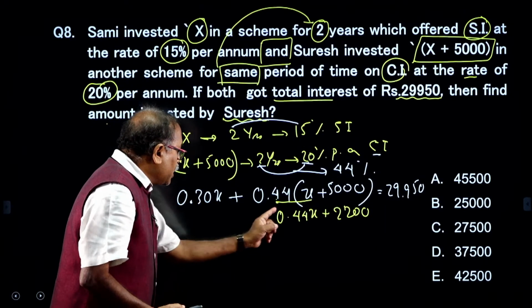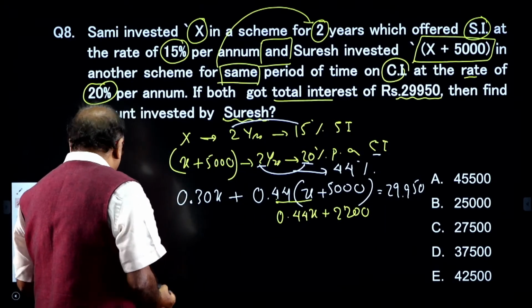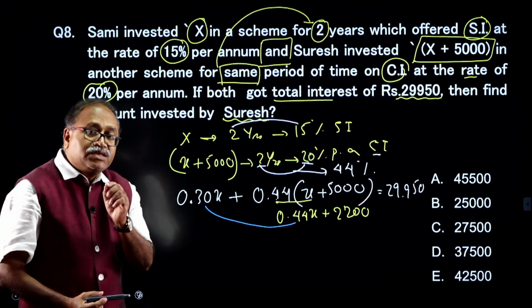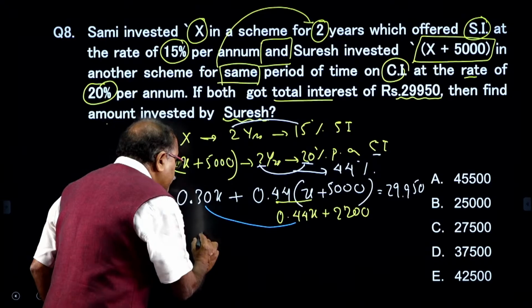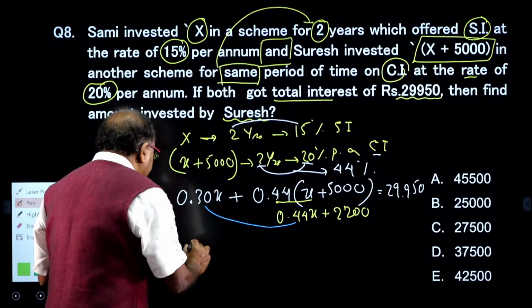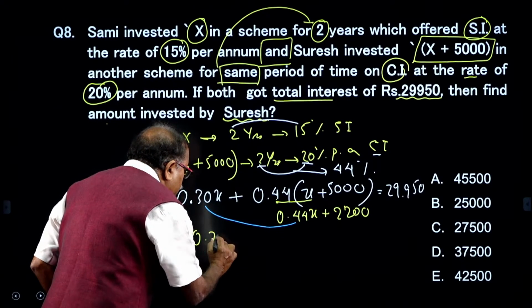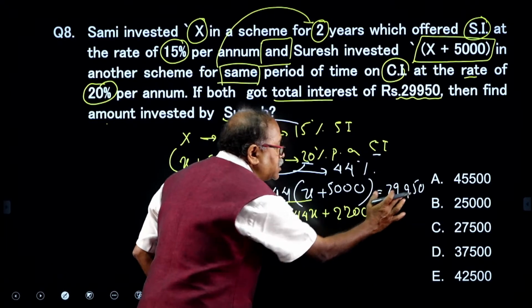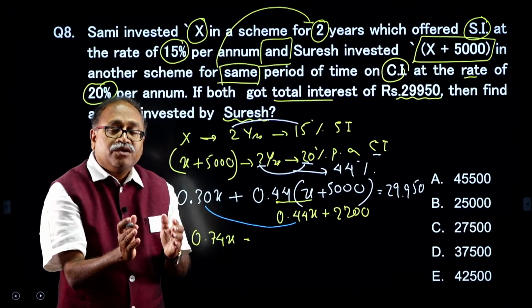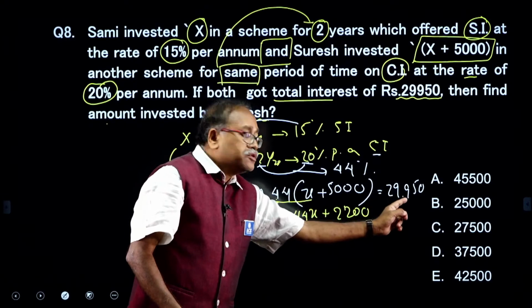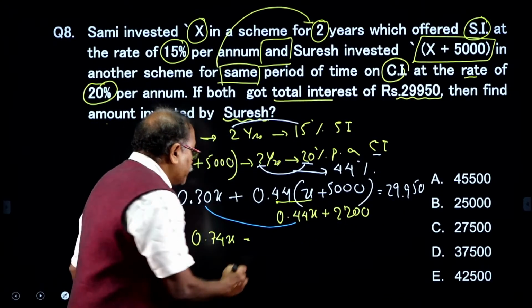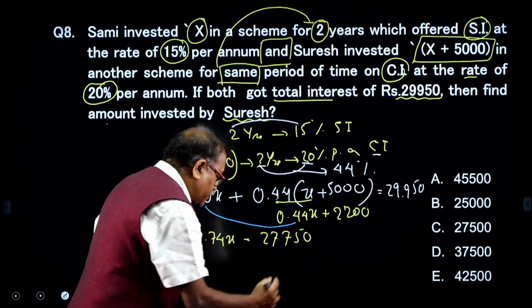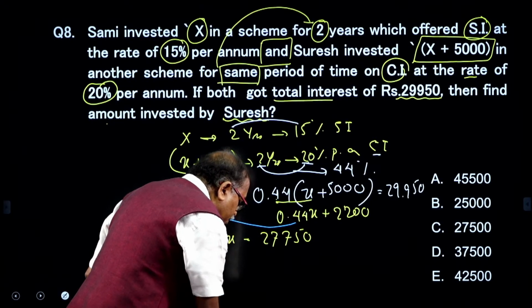Now, I will add these two figures, that is 0.74X, which is equal to, take this other side and subtract it, you will get 27,750.